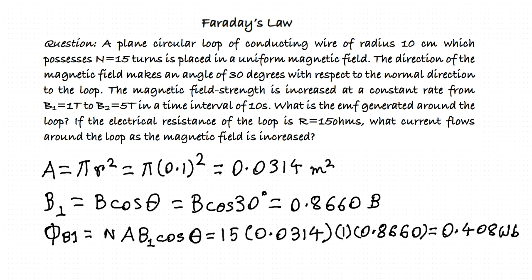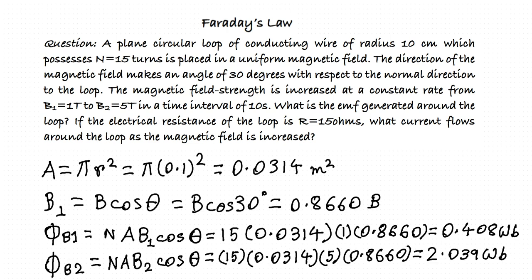Thus, the initial magnetic flux linking the loop is phi-B1 equals N multiplied by A multiplied by B1 cos theta equals 15 multiplied by 0.0314 multiplied by 1 multiplied by 0.8660 equals 0.408 Weber.